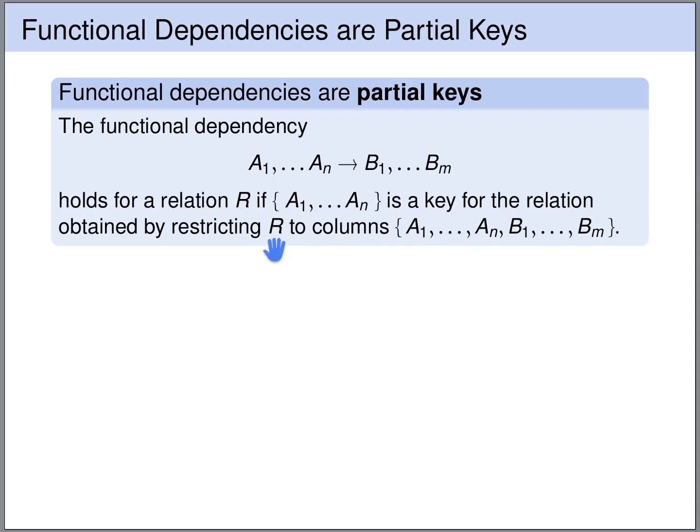So we're restricting the relation to the columns that actually appear in this functional dependency, and if then the left-hand side forms a key of this restricted relation, then this functional dependency holds for the original relation.